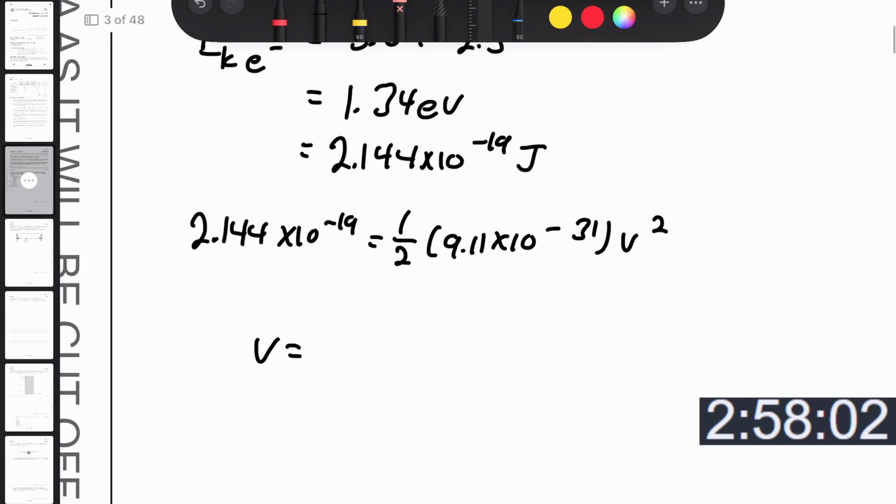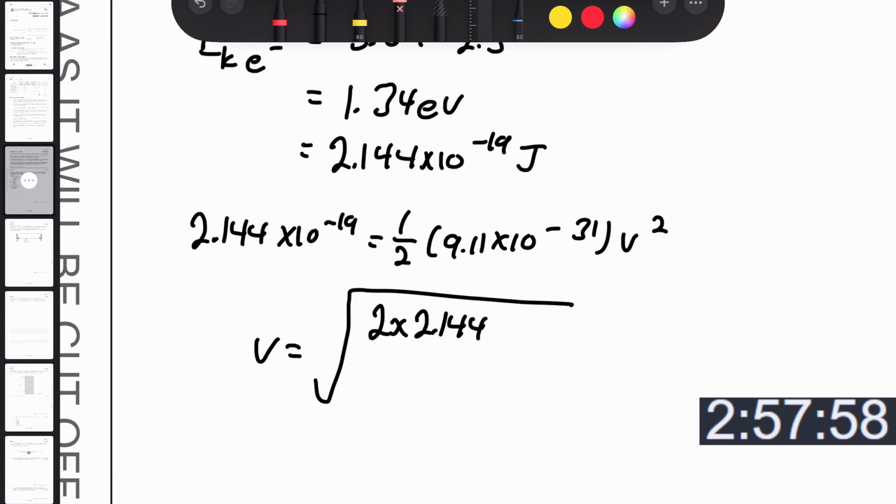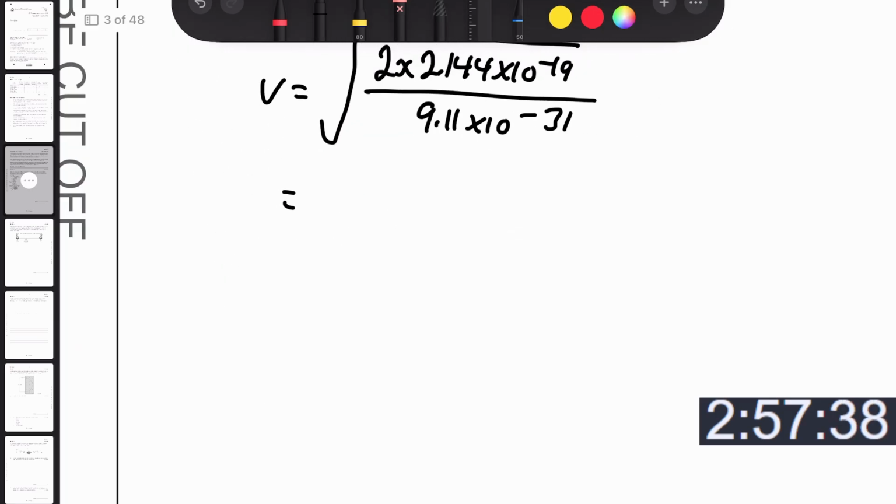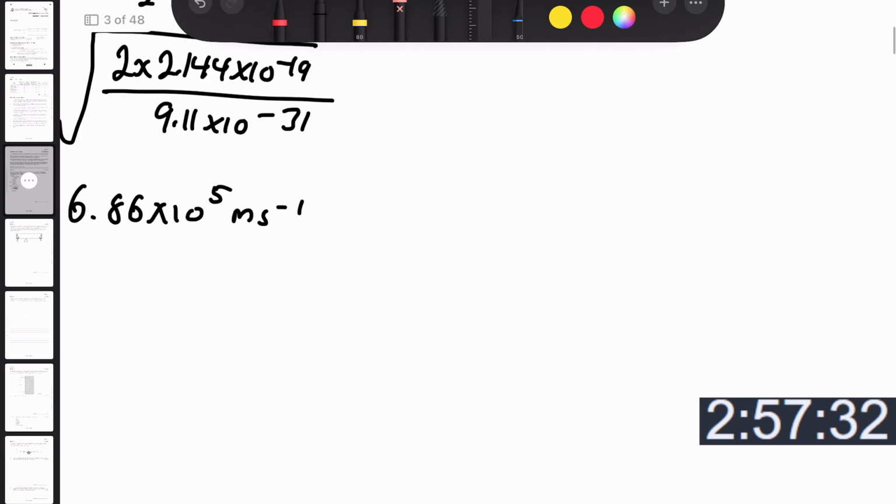So then v is going to be the square root of 2 times 2.144 times 10 to the negative 19 over 9.11 times 10 to the negative 31. So I get 6.86 times 10 to the power 5 meters per second.